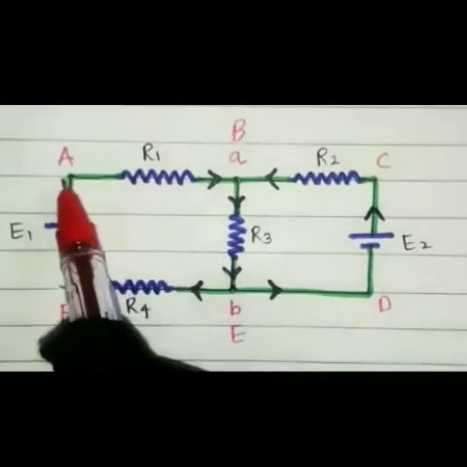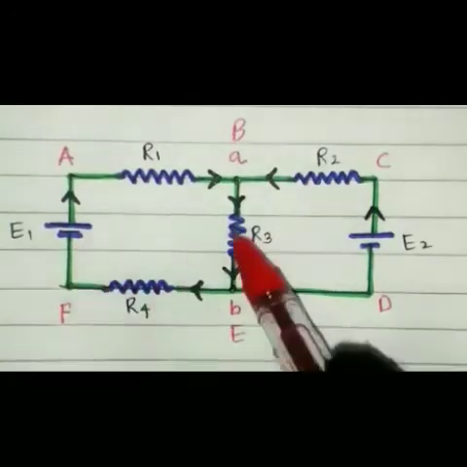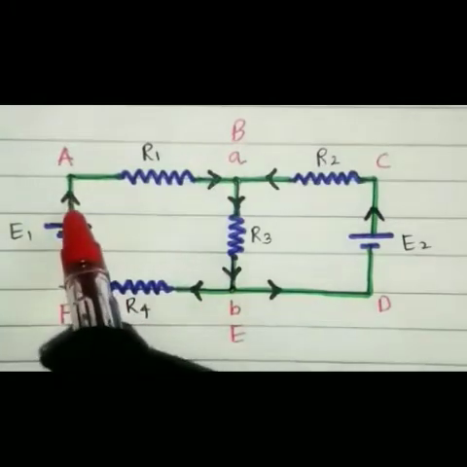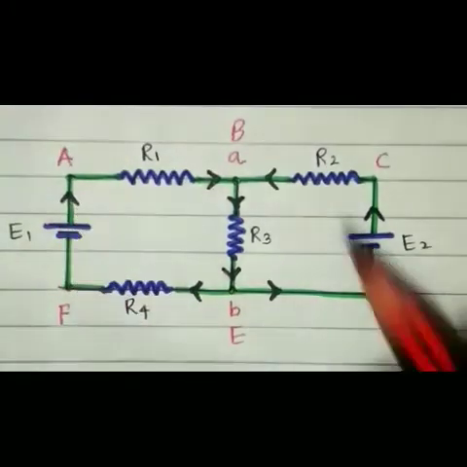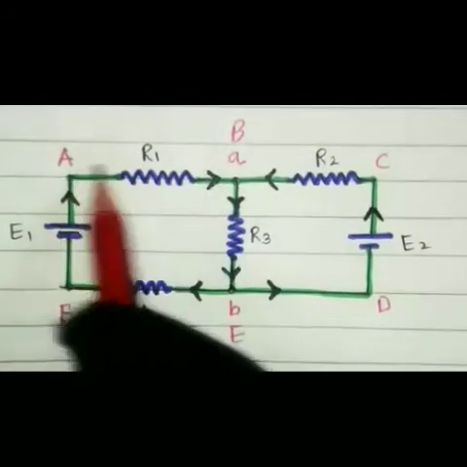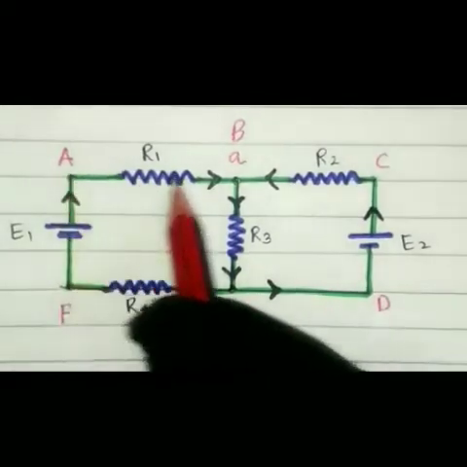If I have to apply Kirchhoff's laws in this circuit, how many loops can I have? See this part, this is one of the loops, where I can apply Kirchhoff's law: A to C, D to F, and again A. That means this corner.